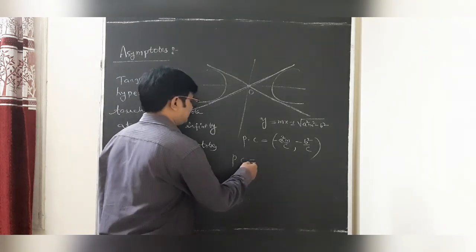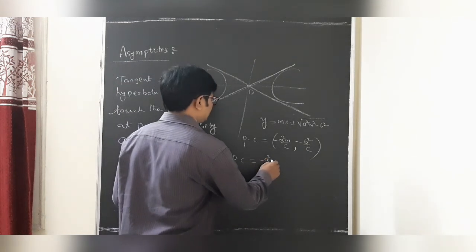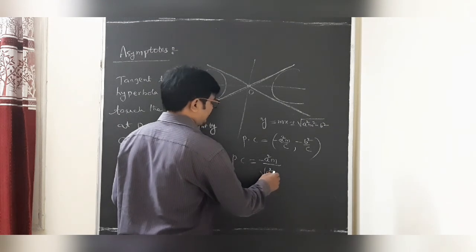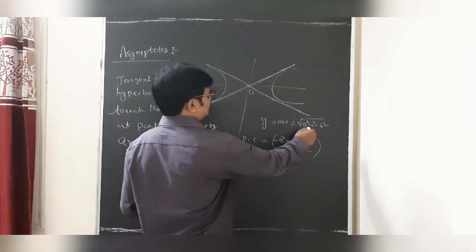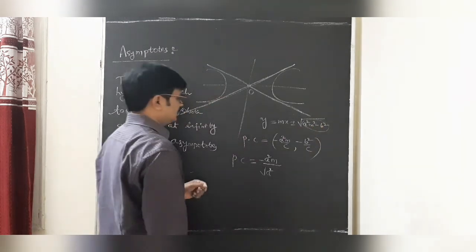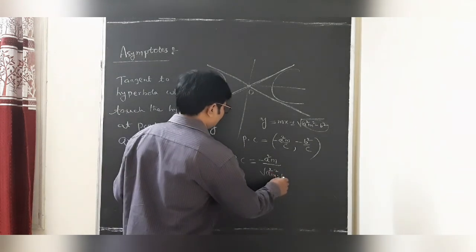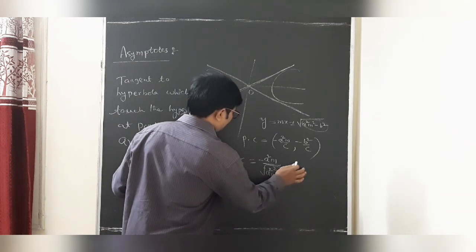In the point of contact, we know that c² = a²m² − b². So c is the square root of a²m² − b².